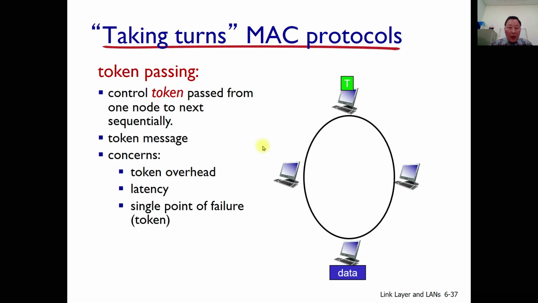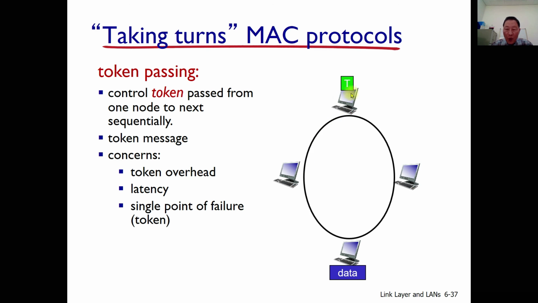No transmission. Okay, next is the taking turns MAC protocol. The previous one was the polling scheme, a primitive one, but this one is used later. This one is tokening, sending a token. The token is a special bit pattern, a control token passed from one node to the next sequentially.